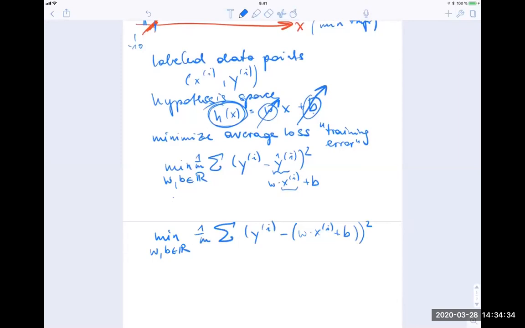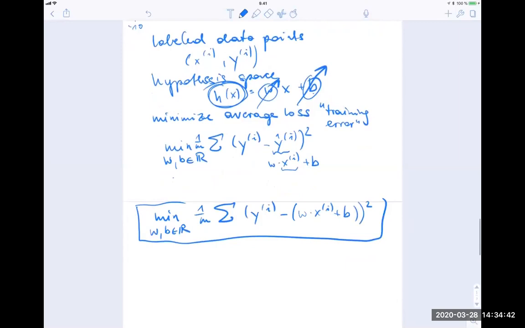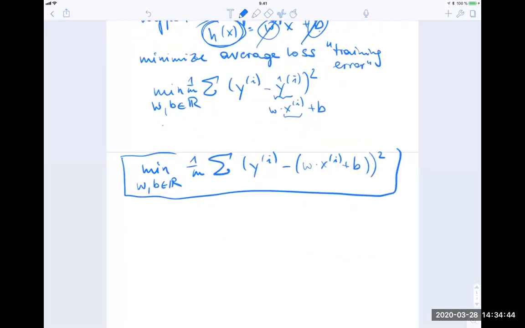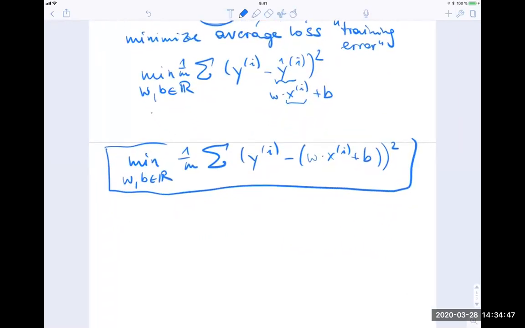So mathematically, machine learning amounts to solving optimization problems. And this optimization problem is obtained by the problem of finding the best choice for the parameters in order to minimize the training or the average loss over some training data points, or training error.